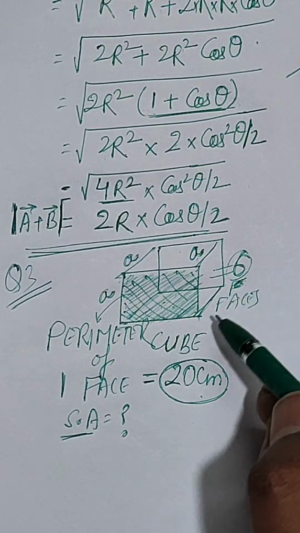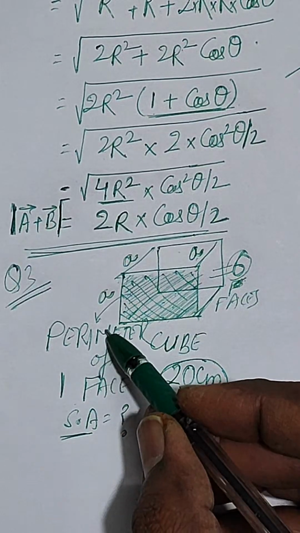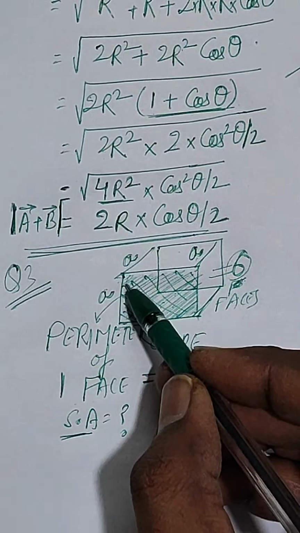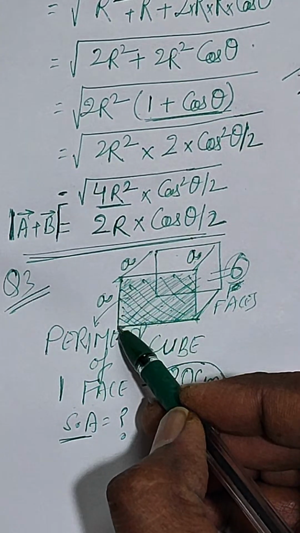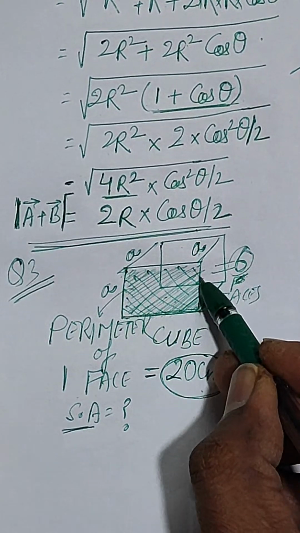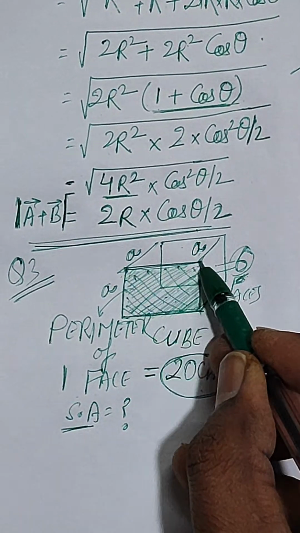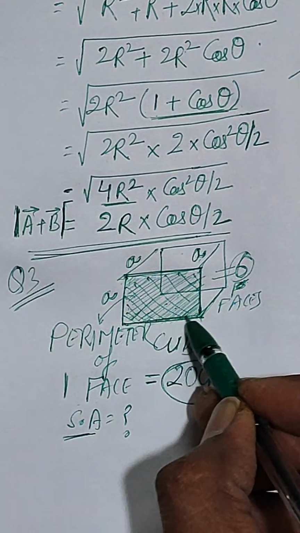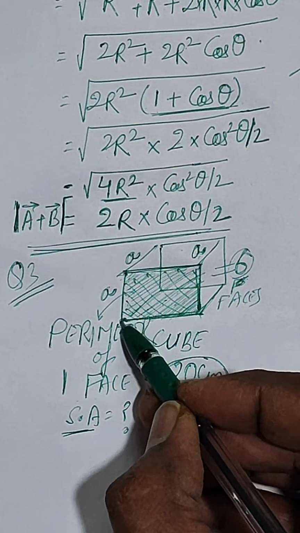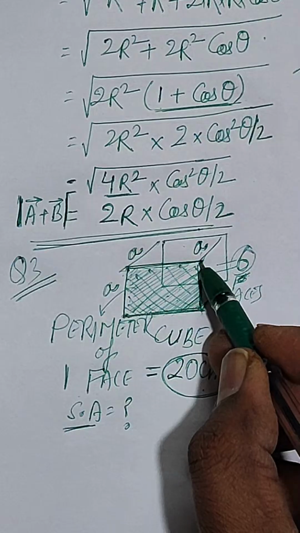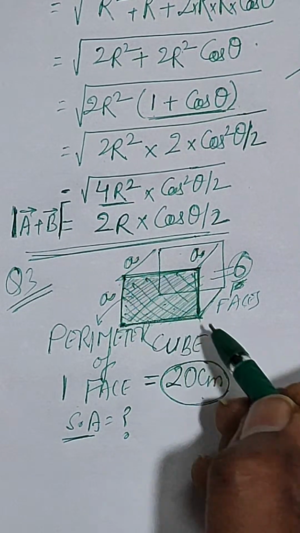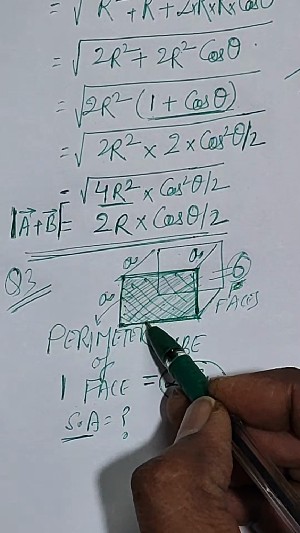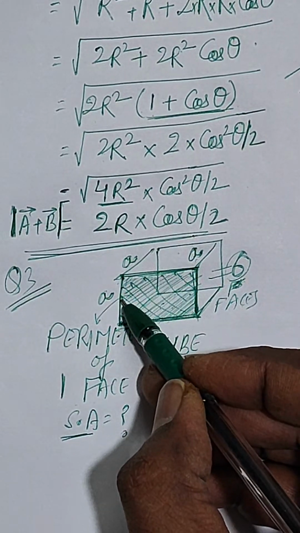If you take any face, what is the perimeter? Perimeter is the length of the total border. That means if you start from here, measure this, this, this, and this, it looks like a square. So a plus a plus a plus a, 4 times a.